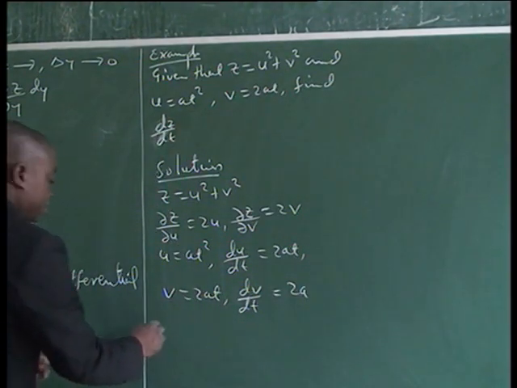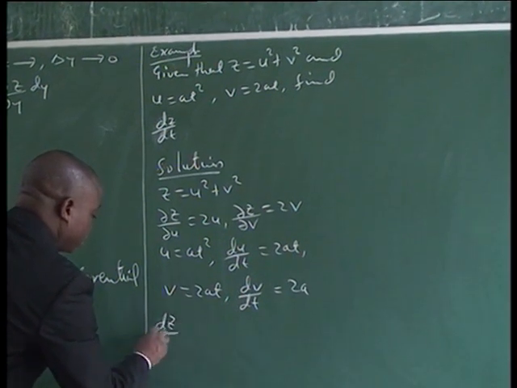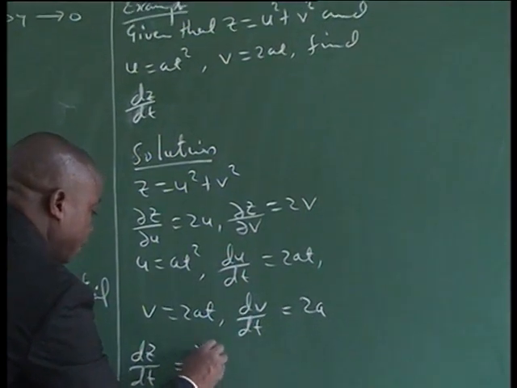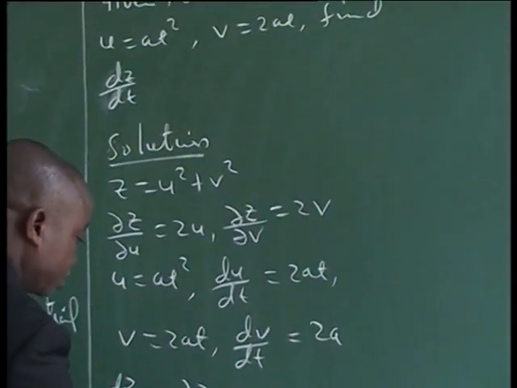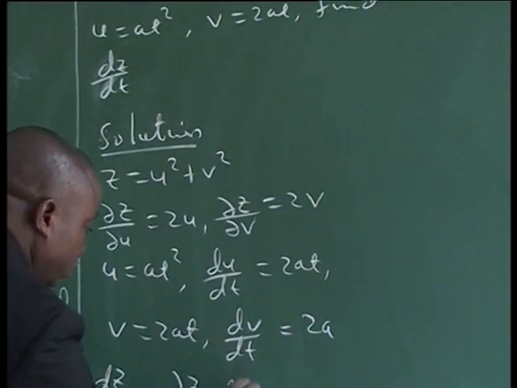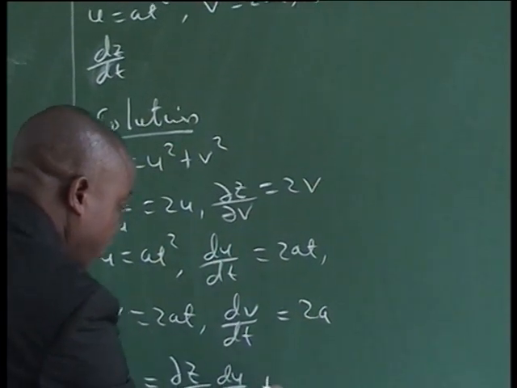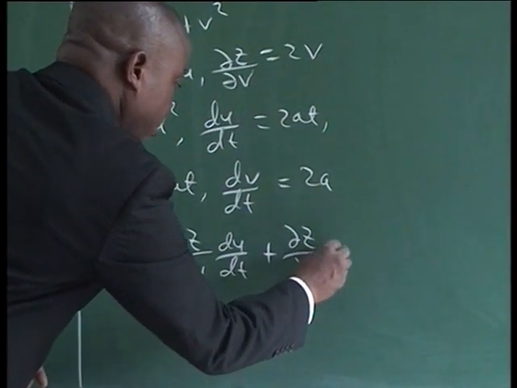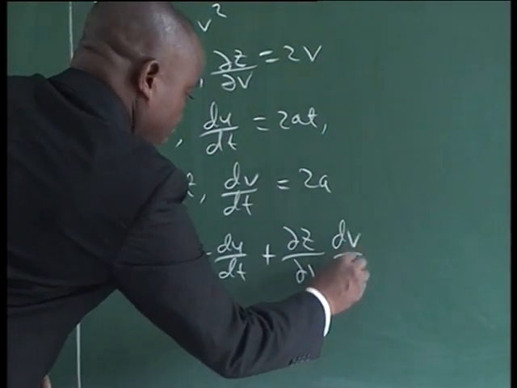Now what we need is dz/dt, and that will give us partial z partial u du/dt plus partial z partial v dv/dt.